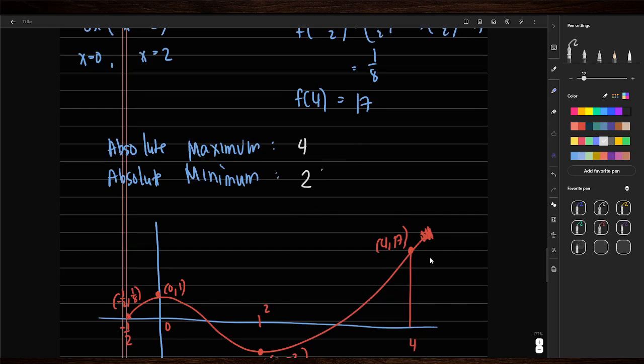Supposedly, if this is continuous, our absolute maximum would be at 0. But since we are limited by the interval, it changes a lot because there is an interval given. Okay?